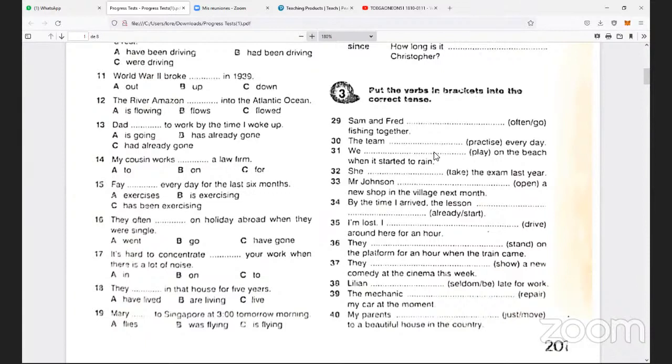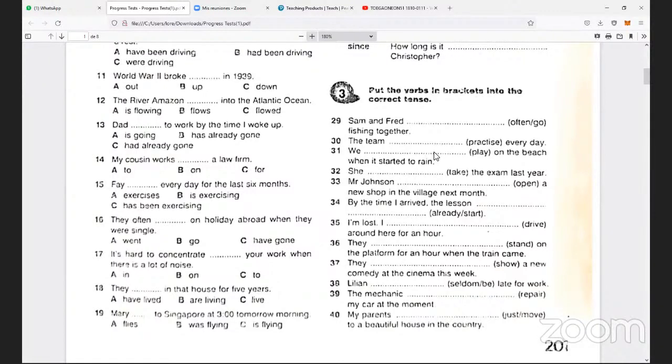We were playing on the beach when it started to rain. Perfect. Next. She took the exam last year. Excellent. Mr. Johnson will open a new shop in the village next month, or it's going to open.